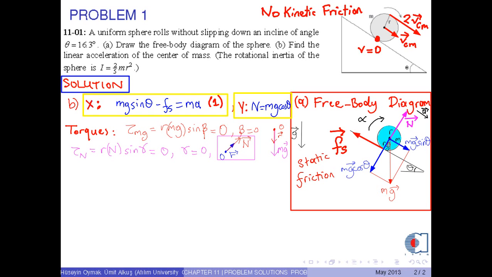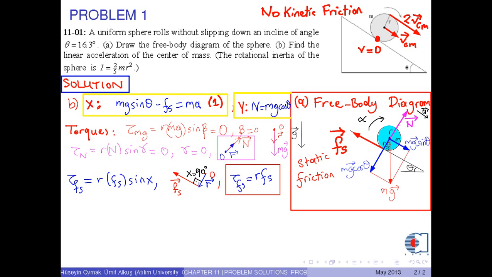And the torque on the object due to the friction is found to be tau Fs equals r times Fs times sine x, where x is the angle between Fs and r, which is 90 degrees. Then we obtain tau Fs equals r times Fs.